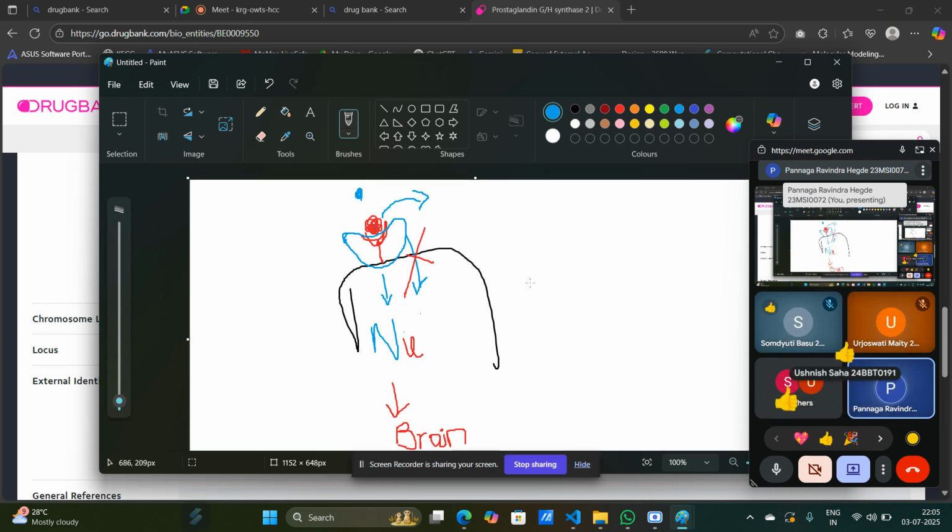Okay. And then if we consider this as a cell, we might also have some ionic channels, especially calcium channels, sodium channels, potassium channels. Those things play a very important role in a few biological processes.